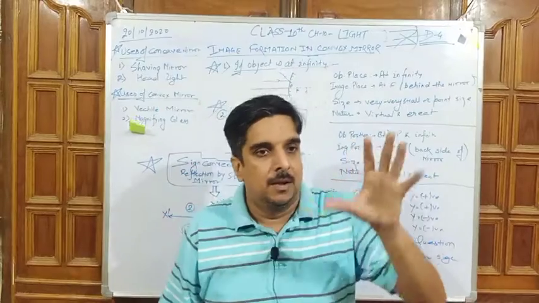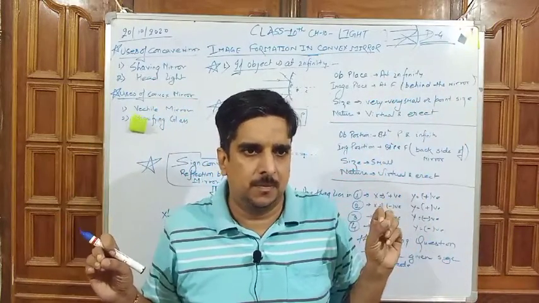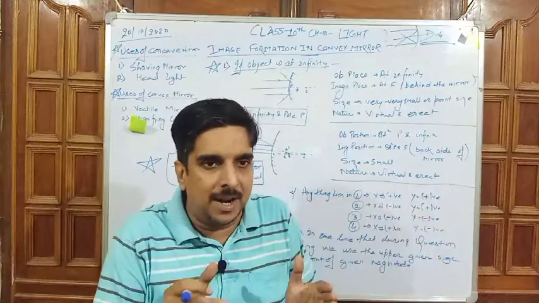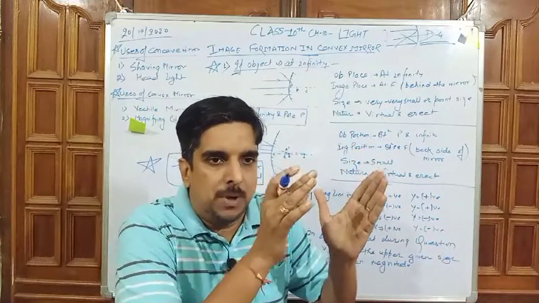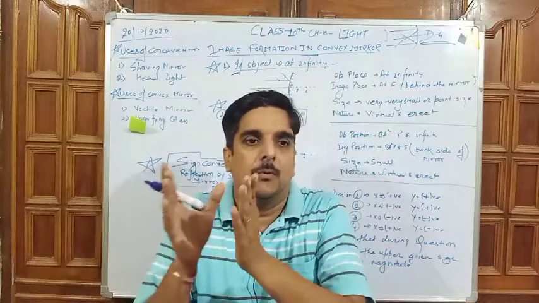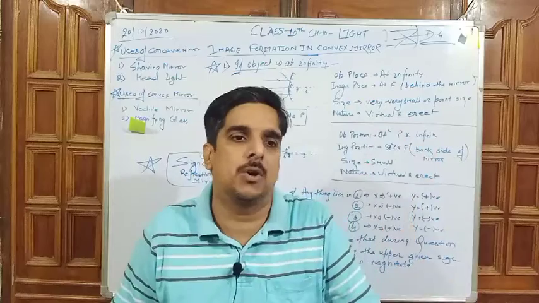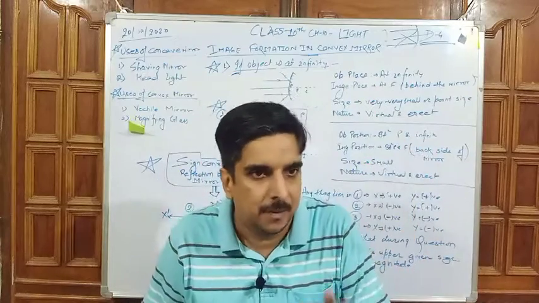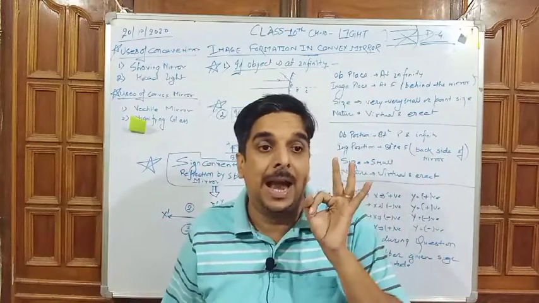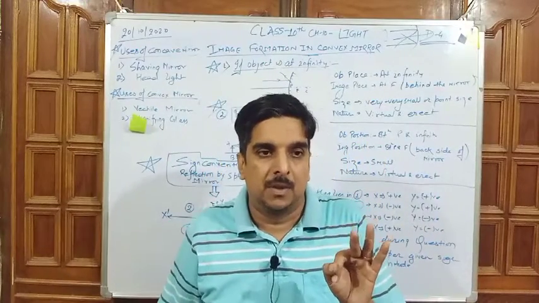In light, first segment: definitions of some technical terms. Second segment: pictorial diagrams of reflection and refraction with respect to concave and convex mirror as well as concave and convex lens. Third important segment: numericals.